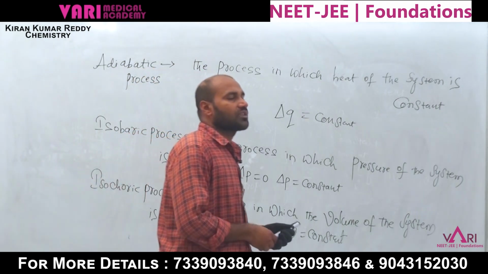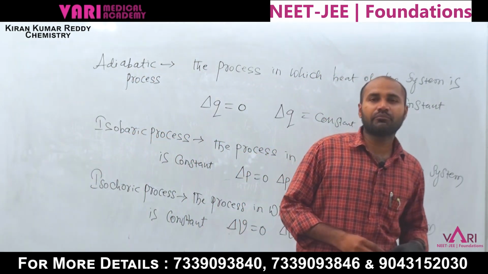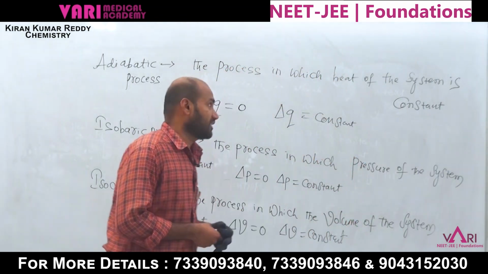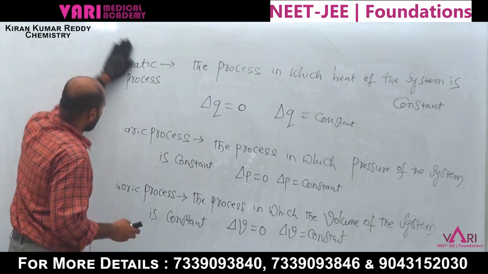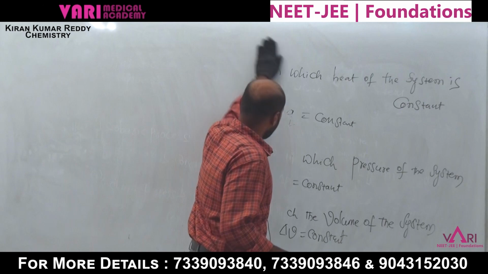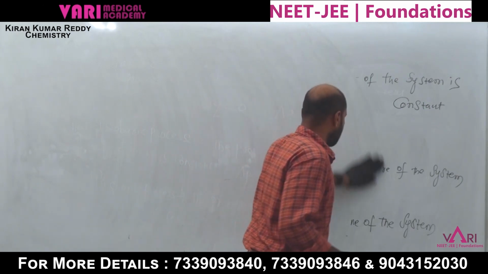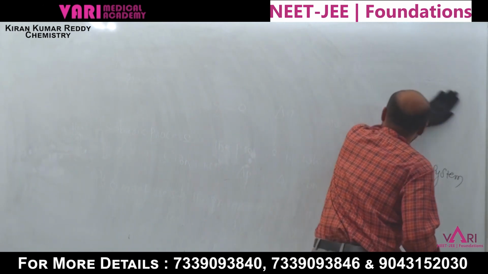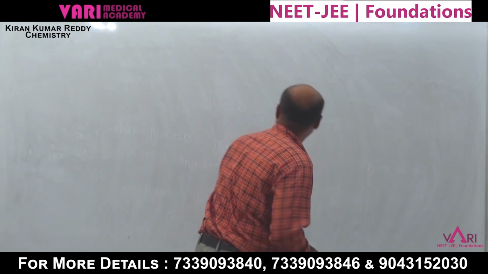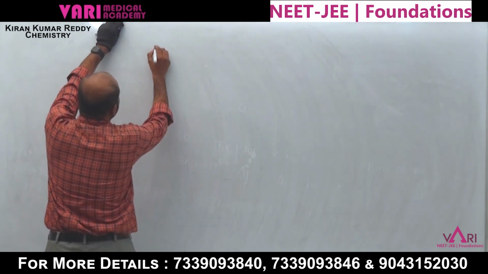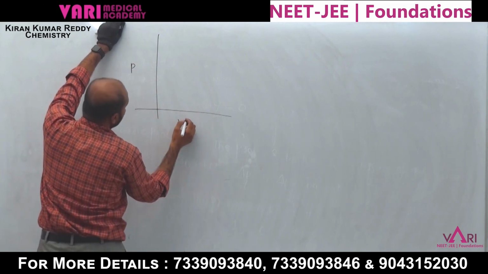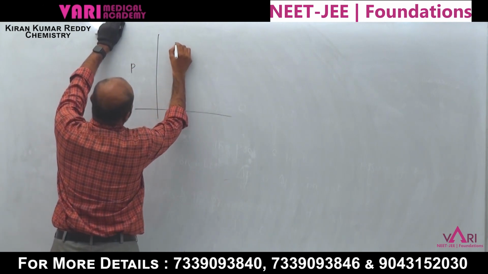One is isothermal process, adiabatic process, isobaric process, isochoric process. Now, which one has more work? Which one has the maximum work? In isobaric process the maximum work is given. Now draw the pressure versus volume graph. Here is more pressure.